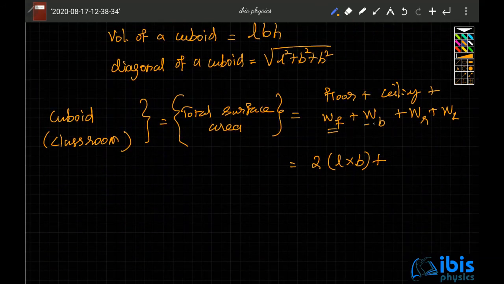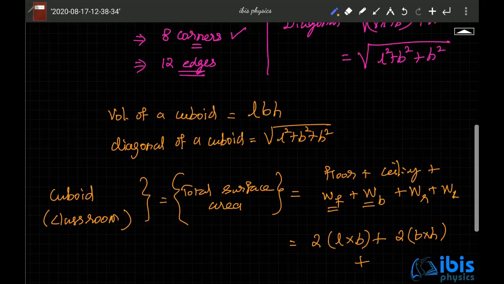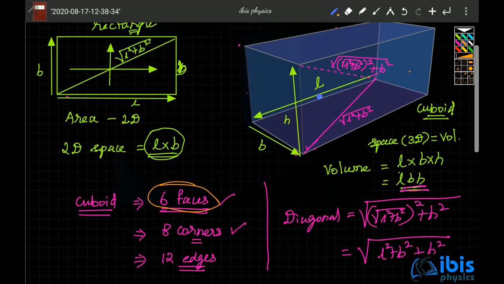So the two areas, wall in front and wall behind, is 2 times B into H, plus wall to the left of you and wall to the right. To the left of you has got a length L and the height H. So L into H is this area and wall to the right of you will also have the same area.